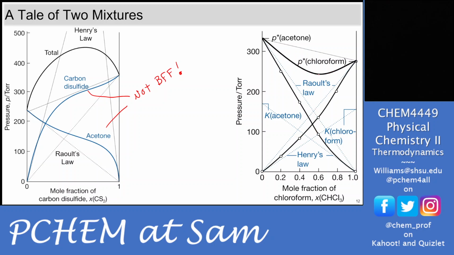So when I mix chloroform and acetone at the optimum amount right here, I expect a vapor pressure of 300 torr, but the vapor pressure is 250, which is strange, right? It should be 300 torr because I've got this mole fraction of acetone and that mole fraction of chloroform. I use Raoult's law and add them together to get Dalton's law, the total pressure in the container, and it's much less than that. It's much less because chloroform and acetone can hydrogen bond.